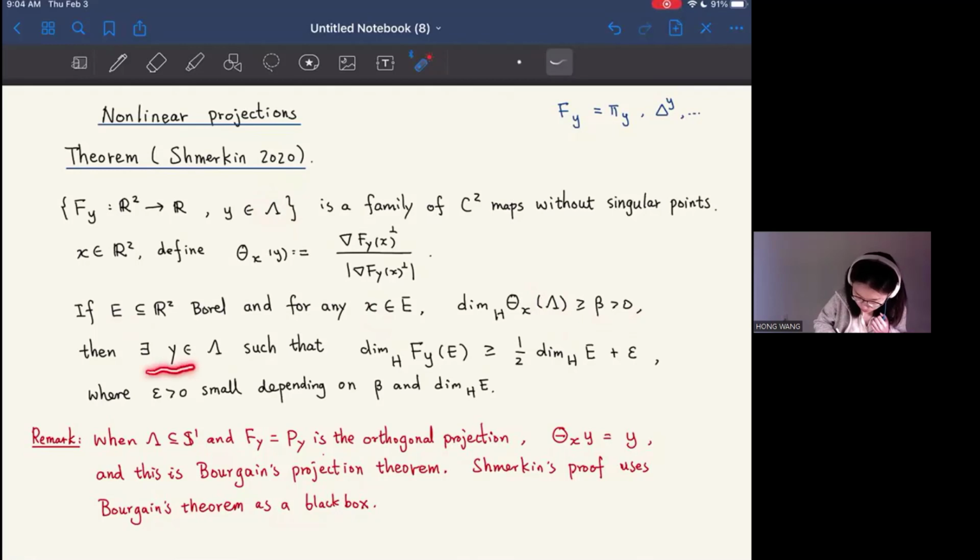Then there exists y in Lambda such that the Hausdorff dimension of F_y(E), that is, E under this nonlinear map parameterized by y, is greater than 1/2 of the dimension of E plus epsilon, where epsilon is positive, implicit and small, depending on beta and the Hausdorff dimension of E.